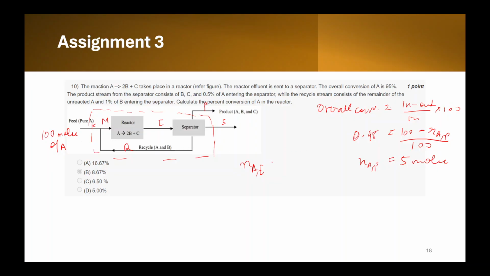N_A in E, 0.5% of that is your N_A,P. From this you can find out N_A,E again. So this is 5 upon 0.5 into 100, so this comes out to be, sorry, yeah.